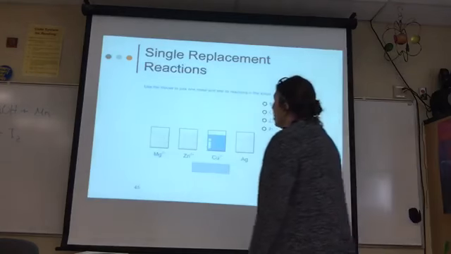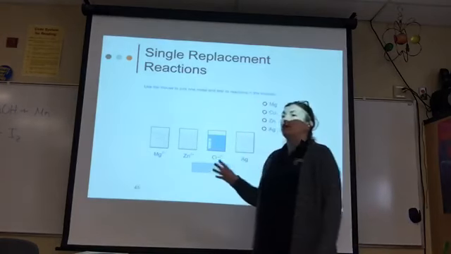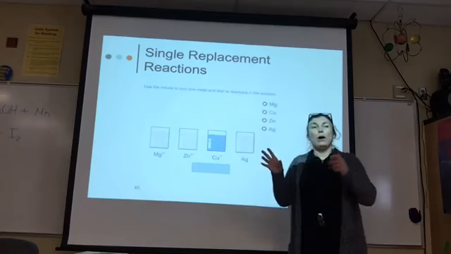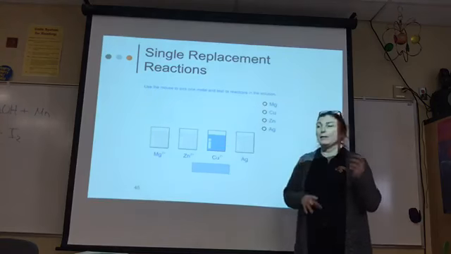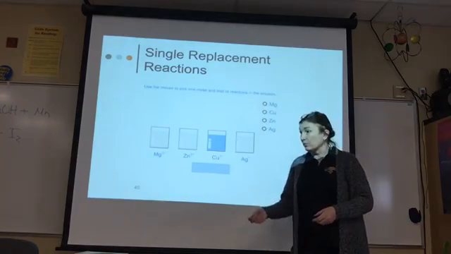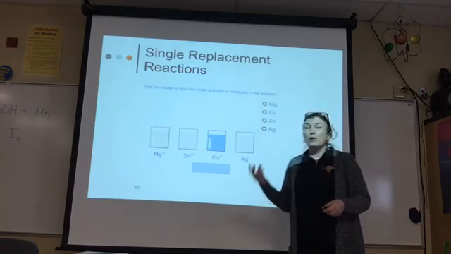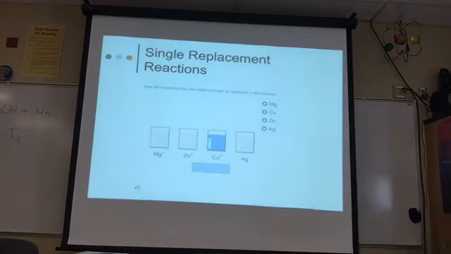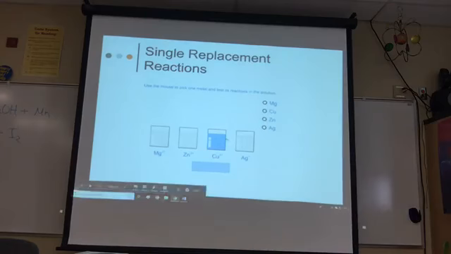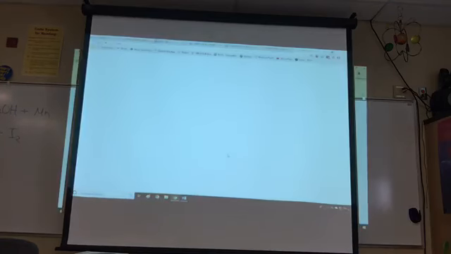Okay, so single replacement reactions are when one substance will replace the other and another one comes out of the solution. Okay? And what you're going to be doing today in lab is this. This is like a little demonstration that kind of shows you.